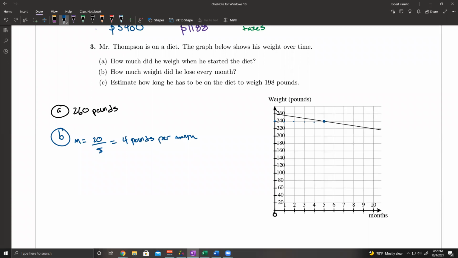Okay. And then C, estimate how long he has to be on the diet to weigh 198 pounds. So how do you guys think we would estimate that?